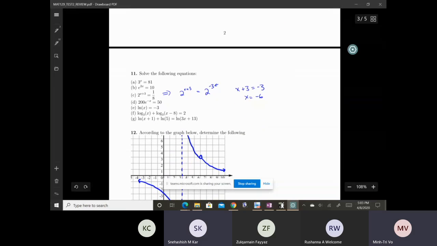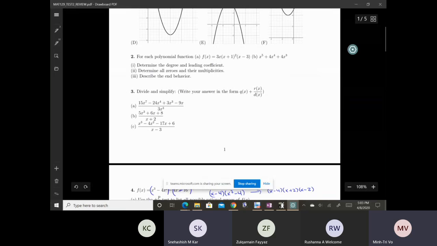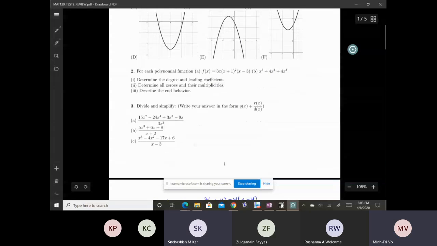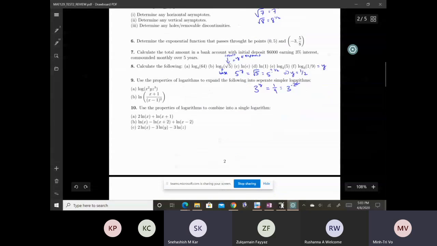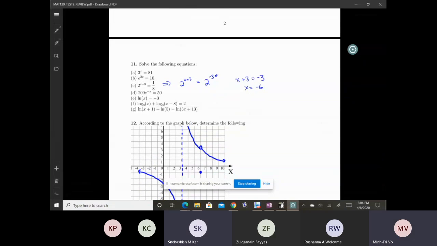Did you already go over 2 and 3, Professor? No, okay. And then we went over 2 already. And then if you could do one of the examples from 3. Okay. So for 11G.